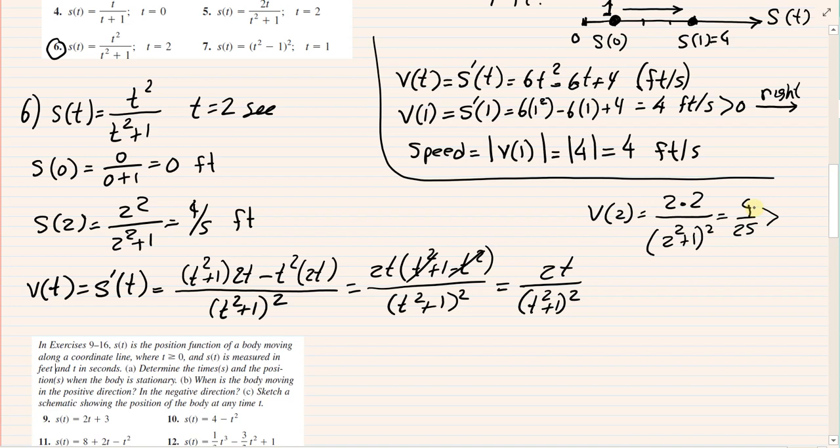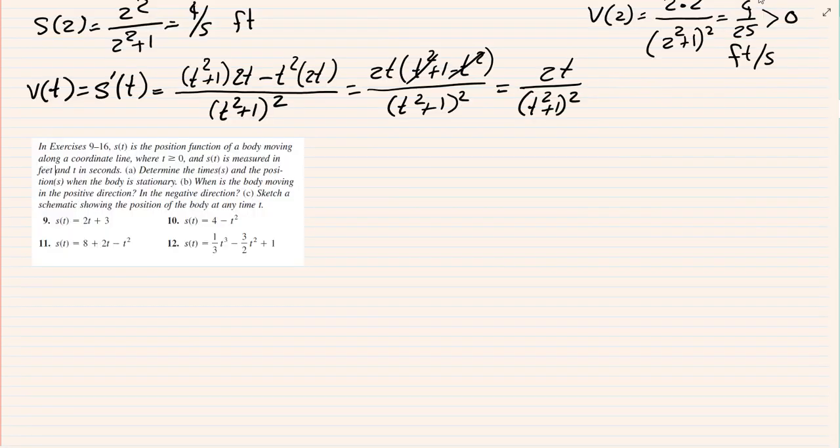Okay. But it's positive nonetheless. So the object is moving to the right. At that point, the velocity of that moving object is 4/25 feet per second. Okay, that's what that is. And it is moving because it's positive, so it's moving to the right. Okay, and we're good with this one.